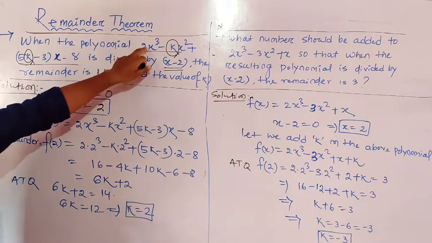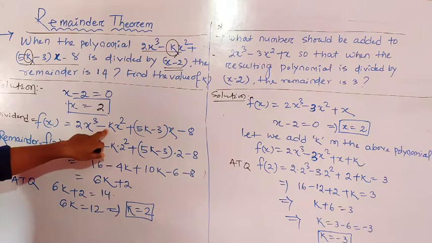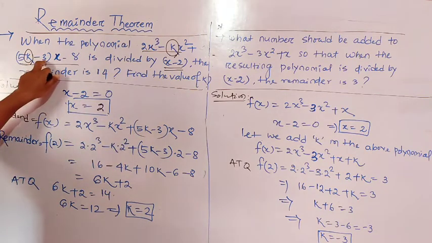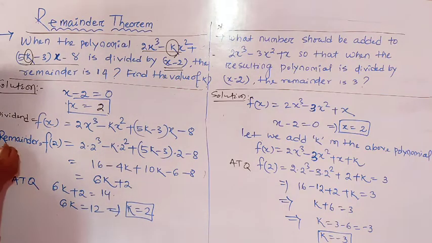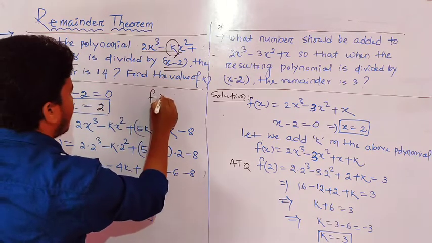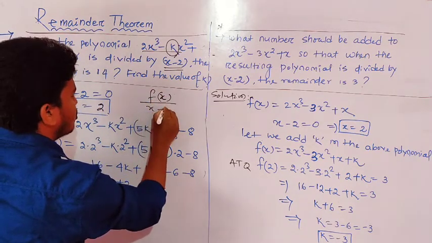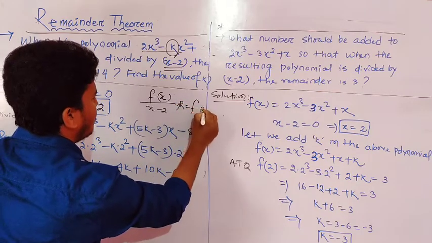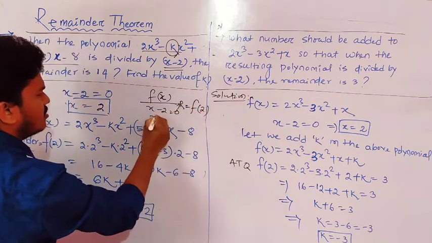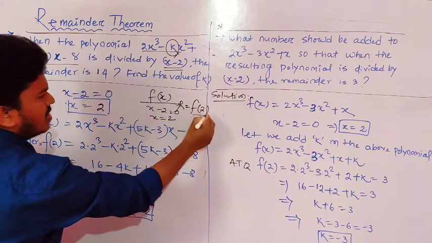f(x) equals 2x cube minus kx square plus (5k minus 3) into x minus 8. Now, what will be the remainder? The remainder is nothing but f(2), because x minus 2 equals 0, so x equals 2.